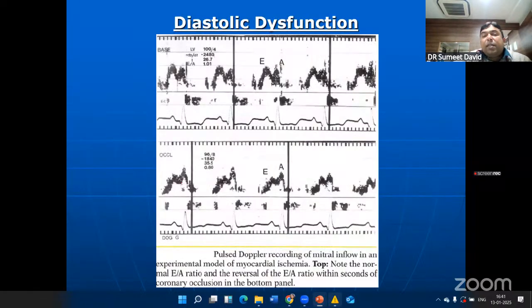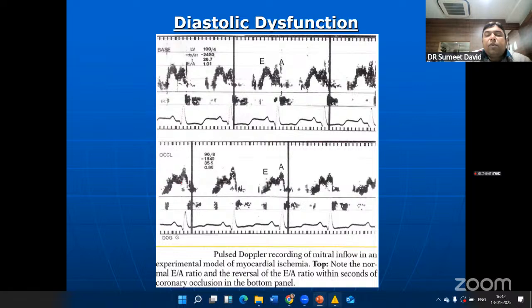Whenever there's ischemia, the first thing that starts is diastolic dysfunction. I told you in the introductory lecture that when we put the pulse wave Doppler on the mitral valve, you see the big E and A. Usually in normal diastolic function, the E is larger than A. But in diastolic dysfunction, E goes down and A goes up.